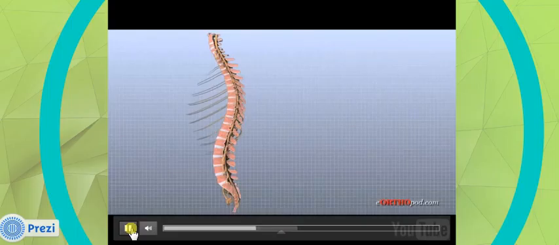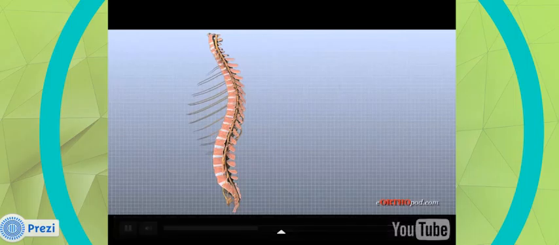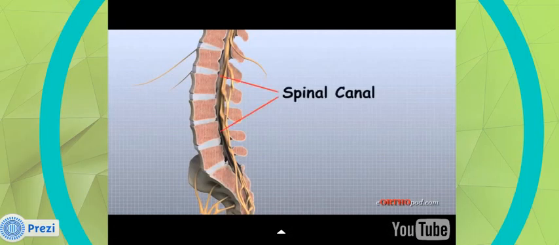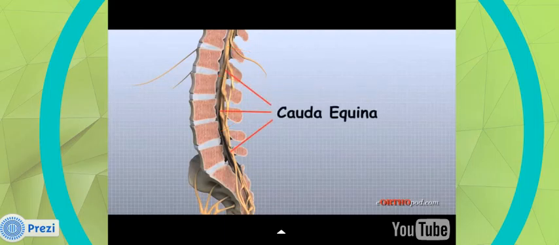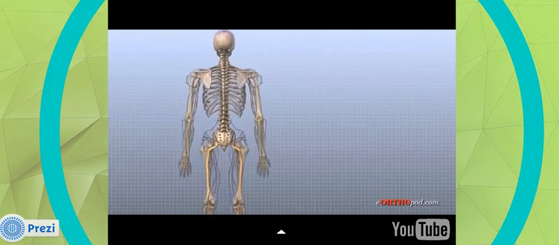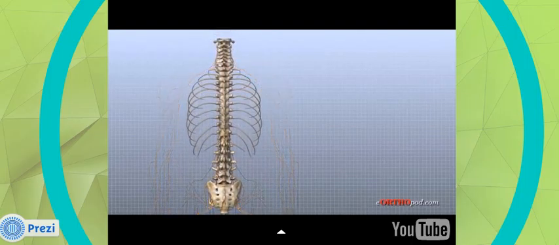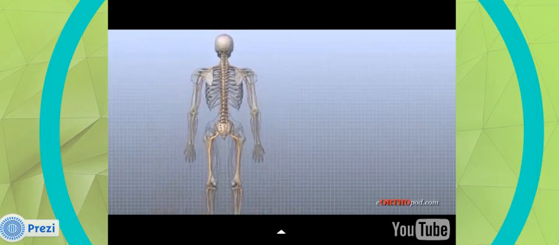The spinal cord extends from the brain to the L2 vertebra. Below this level, the spinal cord splits into a bundle of nerves that goes to the lower limbs and pelvic organs. The Latin term for this bundle of nerves is cauda equina, meaning horse's tail. As the spinal cord travels from the brain down through the spine, it sends out nerves on the side of each vertebra called nerve roots.